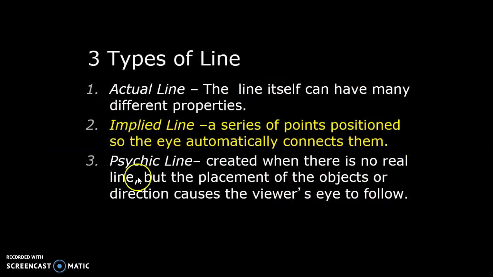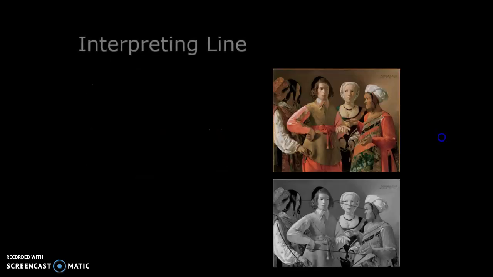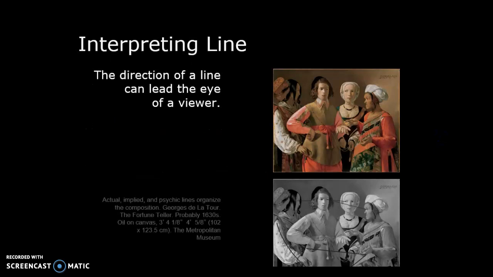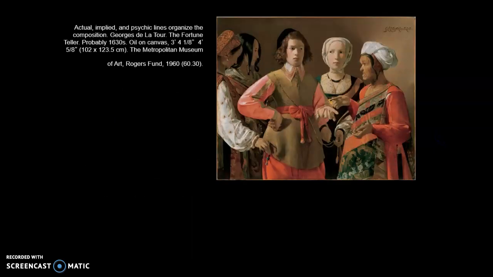This implied line, let's go back to that for a minute. One of the things that I always use as an example of an implied line is a quarter moon. When you see a quarter moon, you don't see the full circle, but you know that it's there, so it's basically an implied line. The direction of line can influence the viewer and create direction.